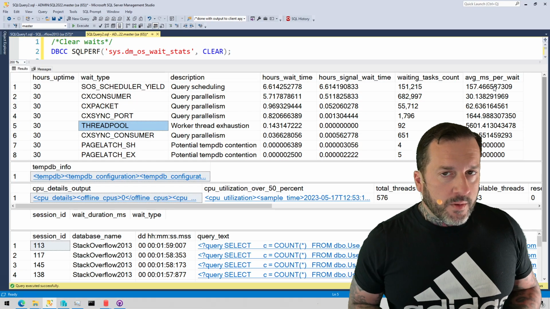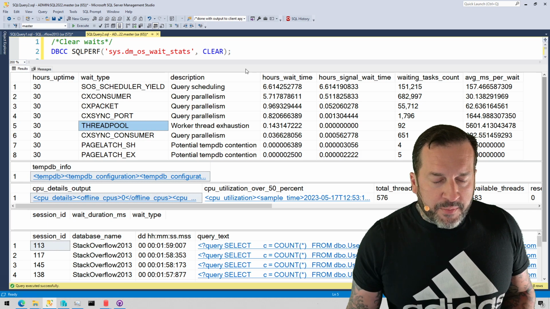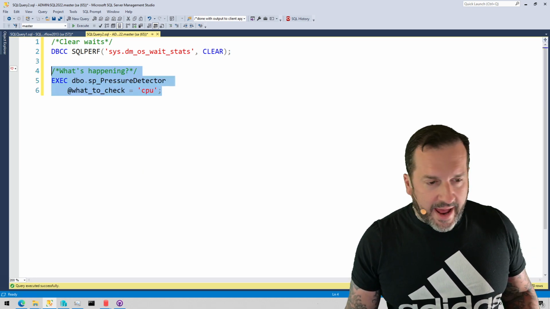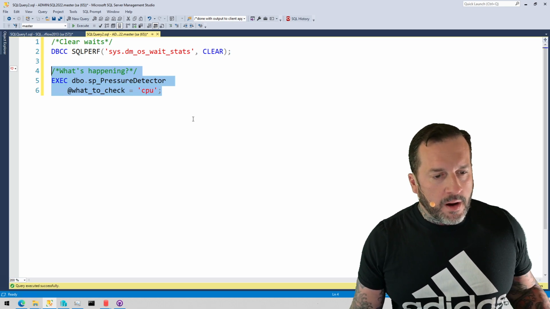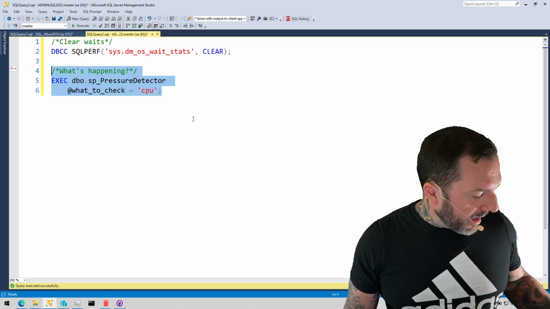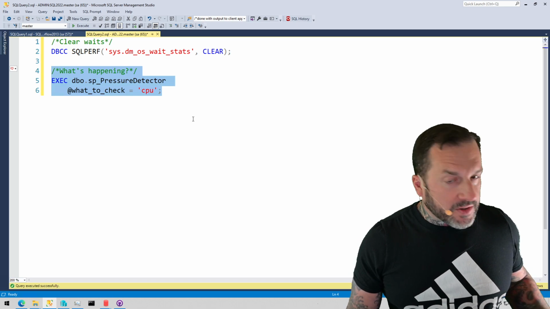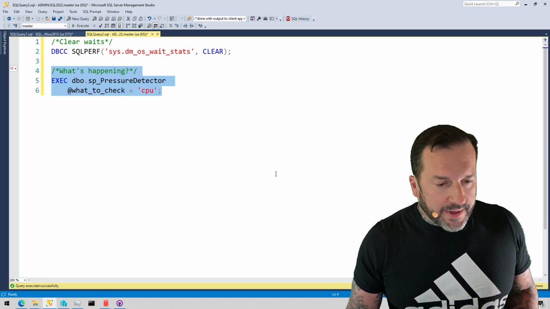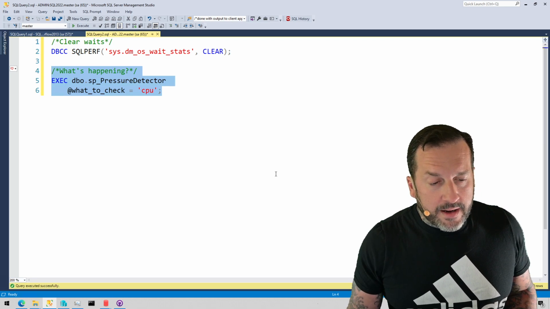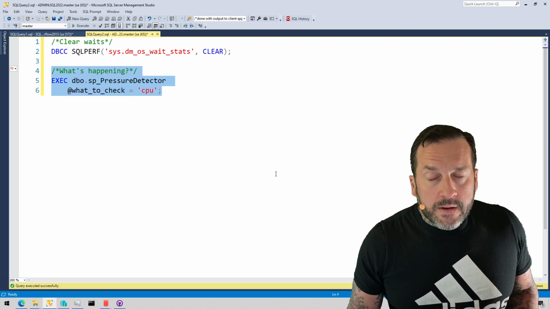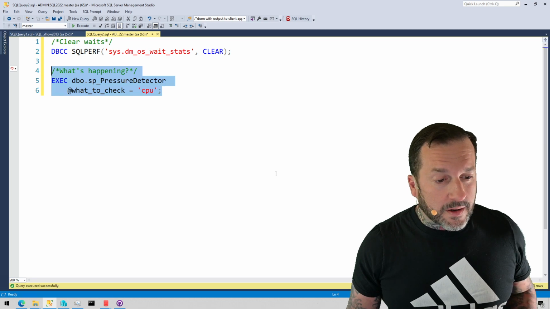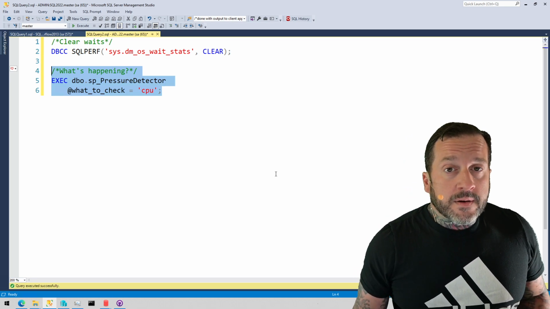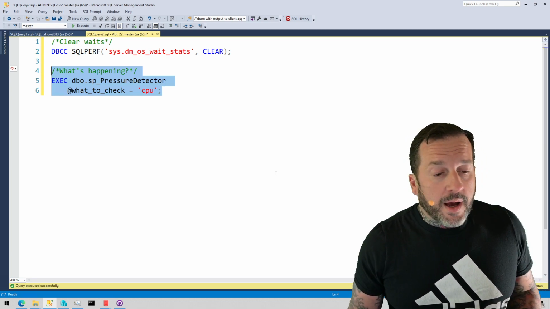So we have learned in the prior video why you want the DAC, the dedicated admin connection. That's so you can run diagnostic queries when your SQL Server is under a fair amount of strain, which is what we're doing here. And we learned that when we have a set amount of worker threads for our SQL Server, and we start exhausting those threads, things can really start to pile up and cause trouble.